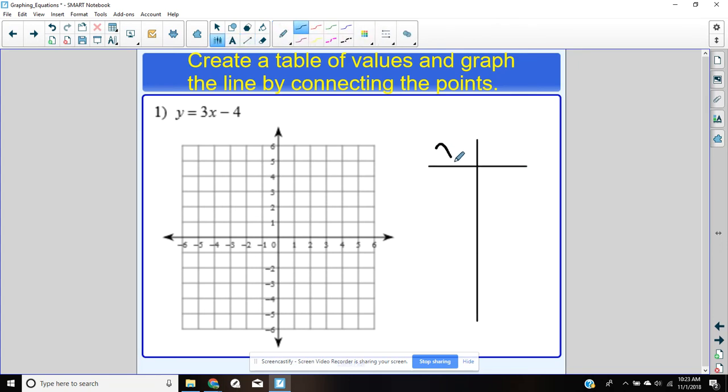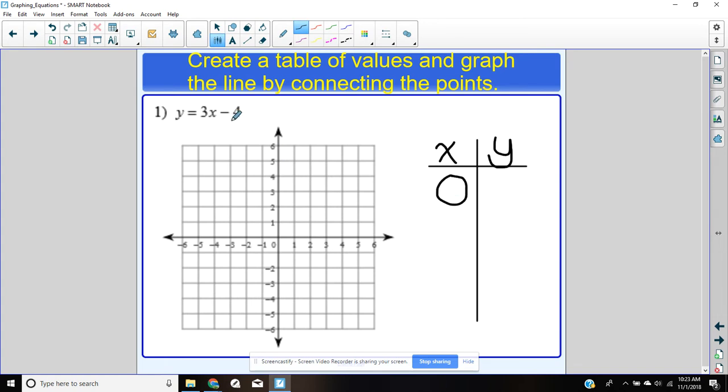You're going to make an X column and a Y column. If you think you need that third or middle column for the substitution, you are more than welcome to do that. Today we discussed the easiest input for graphing a line, and that easiest input is 0.